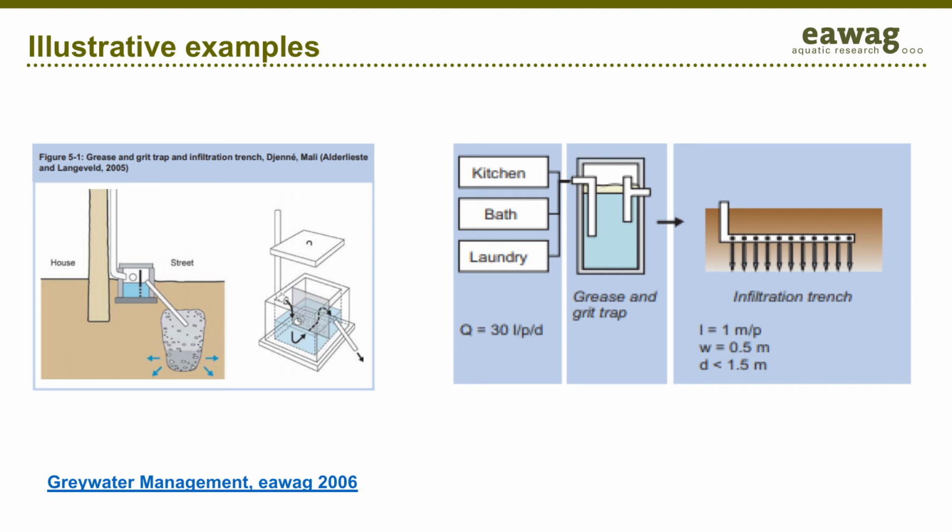On the left, the greywater is disposed in a simple soak-away after the grease trap. This is suitable for relatively small quantities of greywater. On the right, an infiltration trench is used, which can be designed based on its length and sidewall areas to take larger quantities of greywater.